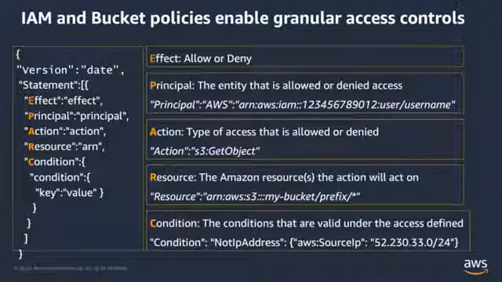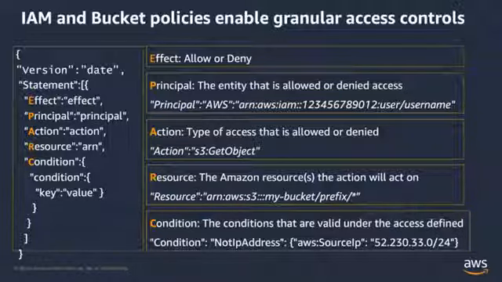Is there a tag on this object already? Are you coming in at HTTP or HTTPS? All of those things are the context of the request, and you can have conditional statements about them. So in this case, we have not IP address, AWS source IP 52.230.33.0/24. So within this subnet, if it is not within the subnet, then this condition would result to true.